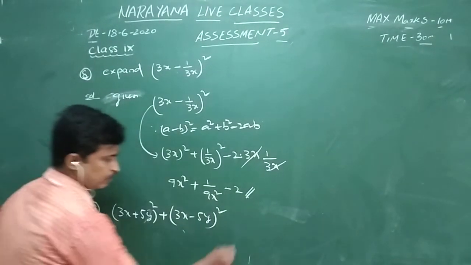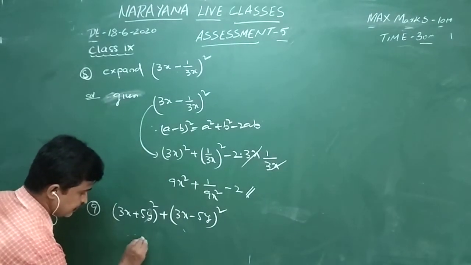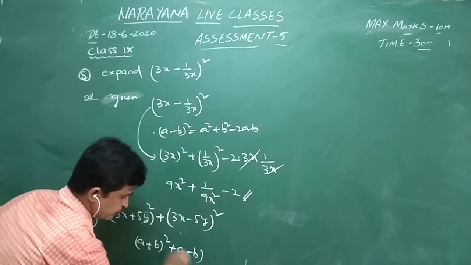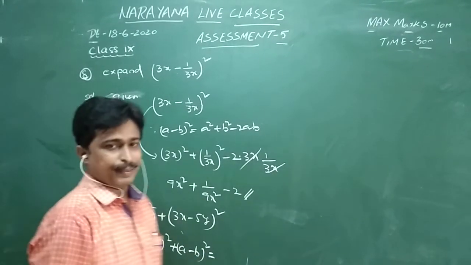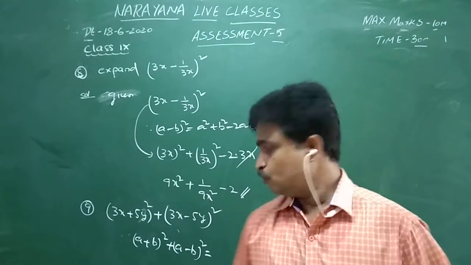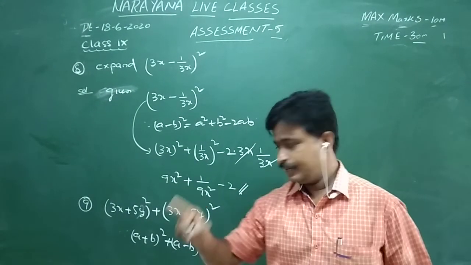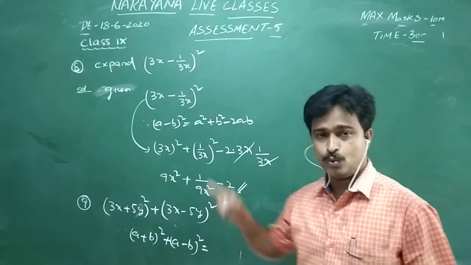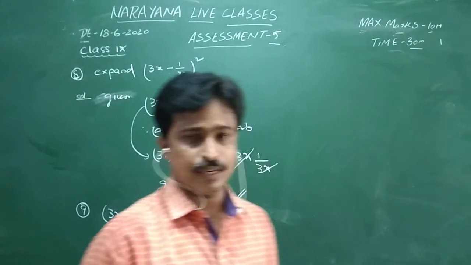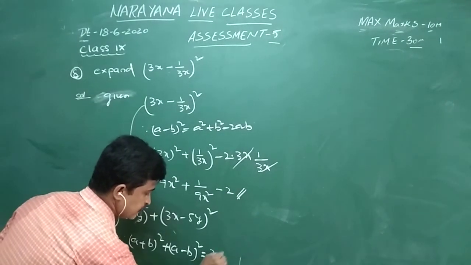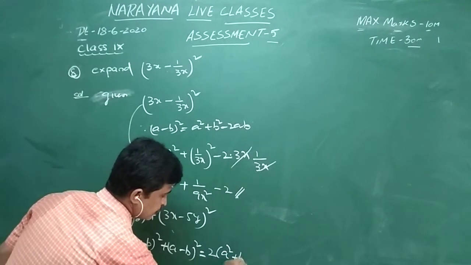Already I know the formula for a plus b whole square plus a minus b whole square. I think most students already know it. A plus b whole square means a square plus b square plus 2ab. A minus b whole square means a square plus b square minus 2ab. The 2ab terms are cancelled. The remaining terms are 2a square and 2b square, so the formula is 2 into a square plus b square.